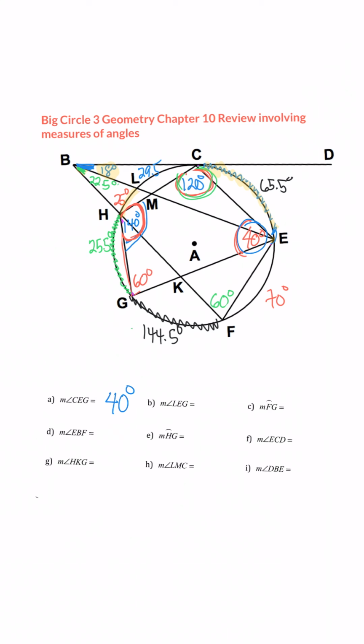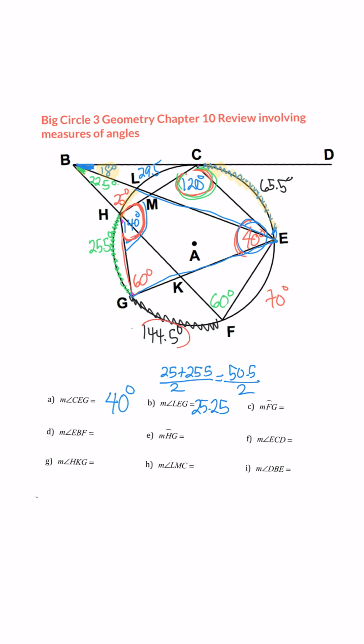Measurement of LEG is, it is an intercepted arc, and therefore it is equal to 25 plus 25.5 divided by 2, is equal to 50.5 over 2, which is equal to 25.25.